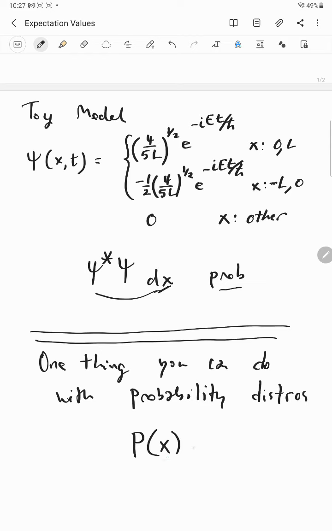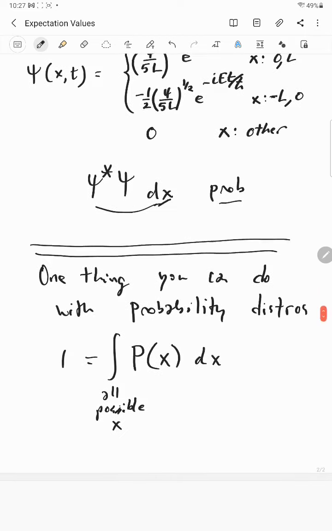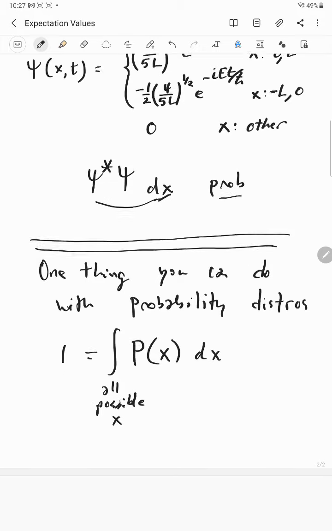And let's say that this actually is a probability density, so that we have to multiply by a dx to get a probability. So we know that if I integrate this over all possible outcomes x, it's supposed to add up to 1, because the probability of any of the possibilities happening is 1.